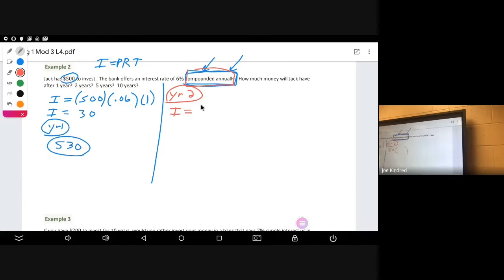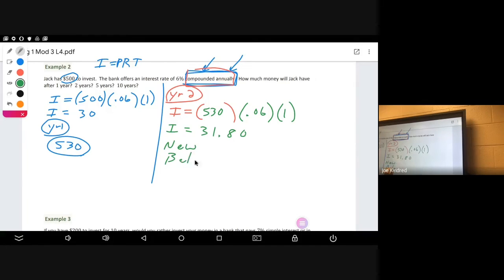When we say compound annually, now in year 2, when we go to determine interest, the new interest is going to be with a new principal of $530. You're still multiplying it times the 0.06. And so in year 2, this is the second year, so it's still one year.